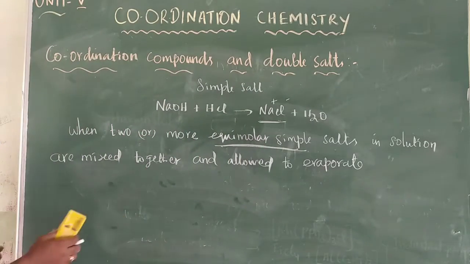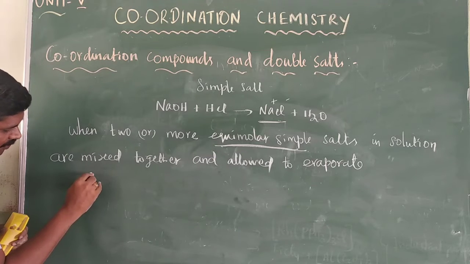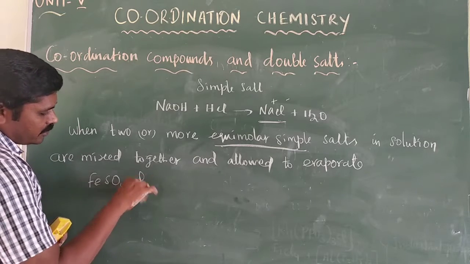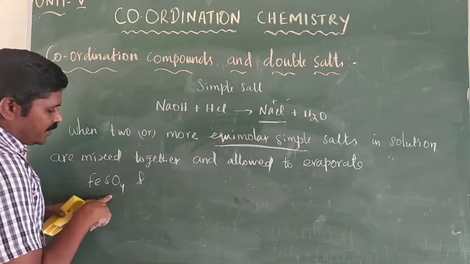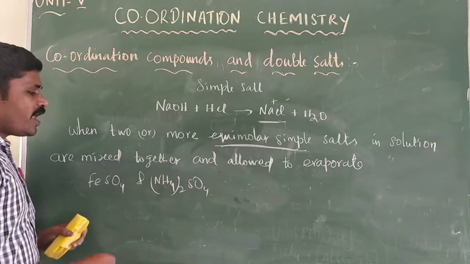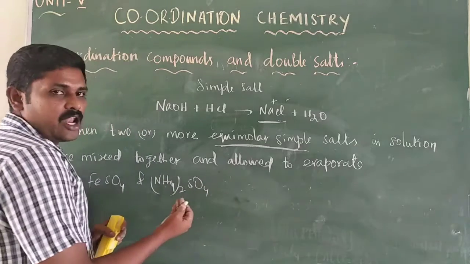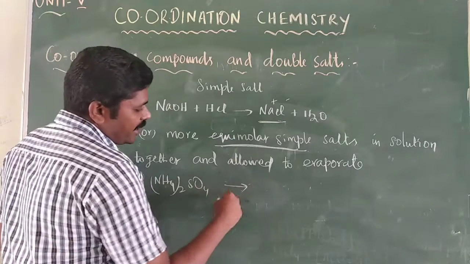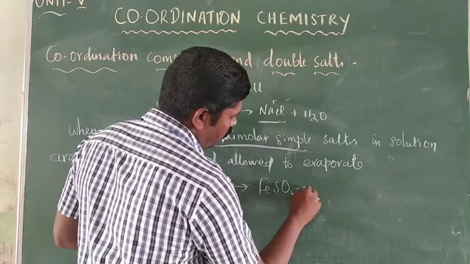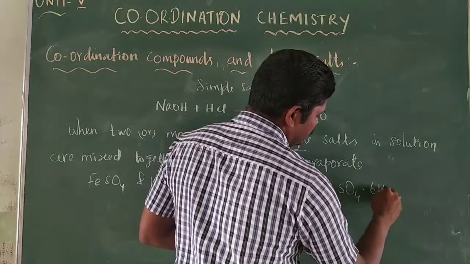Right? So, for example, two simple salts: an equimolar solution of ferrous sulfate and ammonium sulfate is mixed and allowed to crystallize, which gives the double salt FeSO4·(NH4)2SO4·6H2O.